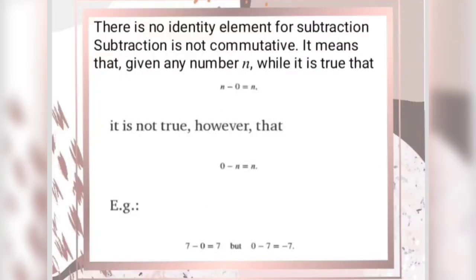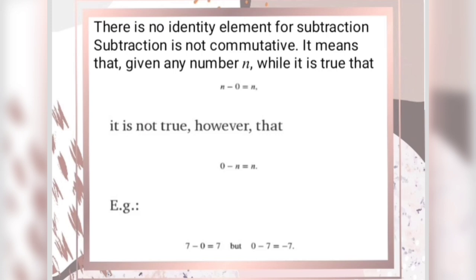There is no identity element for subtraction. Subtraction is not commutative. It means that given any number n, while it is true that n minus 0 equals n, it is not true, however, that 0 minus n equals n.